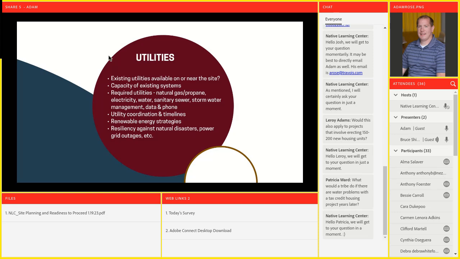Yep. Especially if you have a vulnerable population, like elders or people who require medical devices for their safety. And then, utility coordination and timeline. In California, after our fires, Pacific Gas and Electric, our major utility, got sued and had to file for bankruptcy.